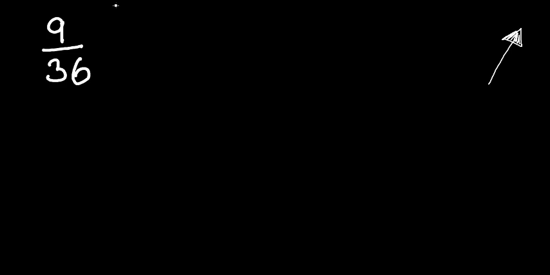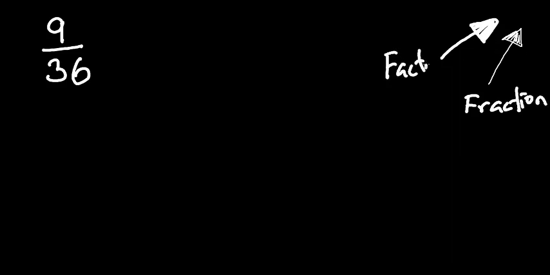And if you want to know what factors are, it'll be right up here again in the descriptions. This one's for the fractions video, and this one's for factors. So what is a factor of both 9 and 36, meaning, what goes into both 9 and 36?